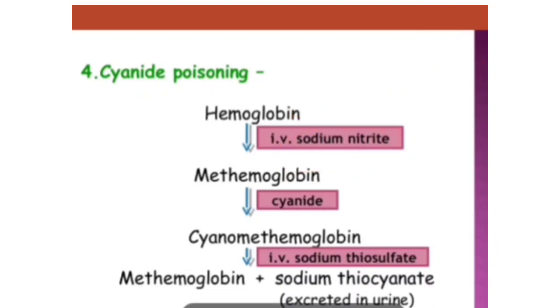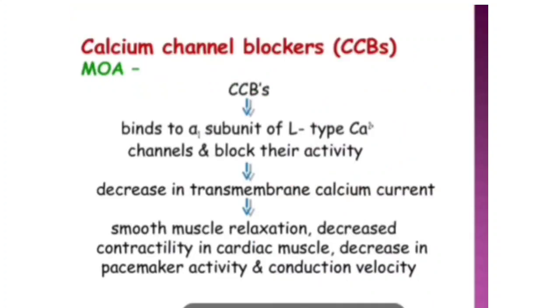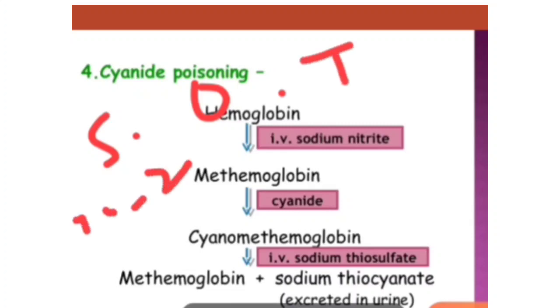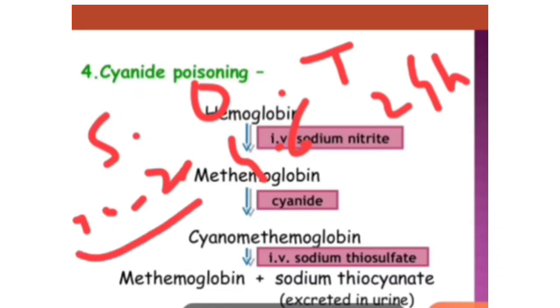Before going into the calcium channel blockers, I want to describe the sublingual, oral, and transdermal routes. The sublingual route is mostly effective in 10 to 20 minutes, with effect lasting 4 to 6 hours, and the transdermal has a 24 hour duration. When we give isosorbide dinitrate sublingually, it is effective in 30 minutes.